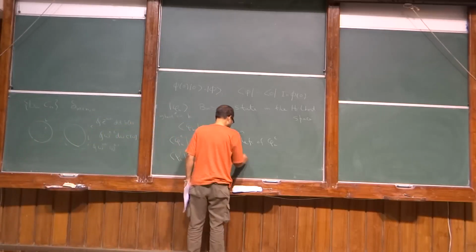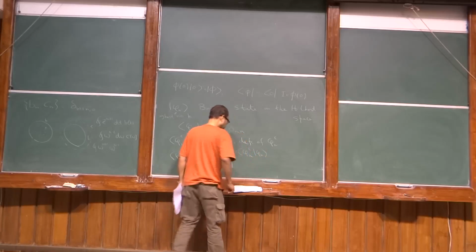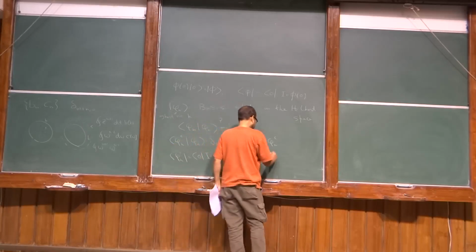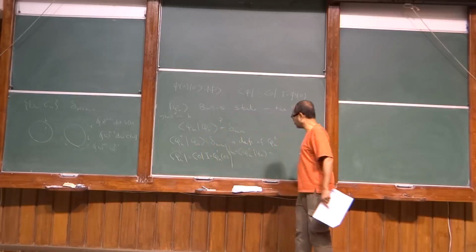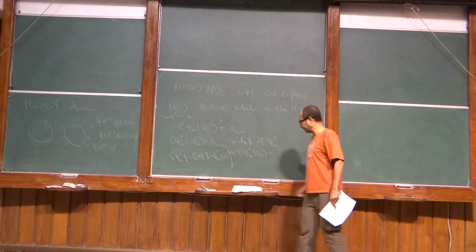Now suppose we started with phi n c, phi n. This we have taken to be delta m n. So let's try to manipulate this to see if we can bring phi n to the left and phi n c to the right.